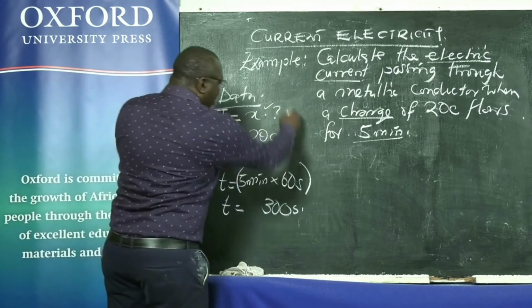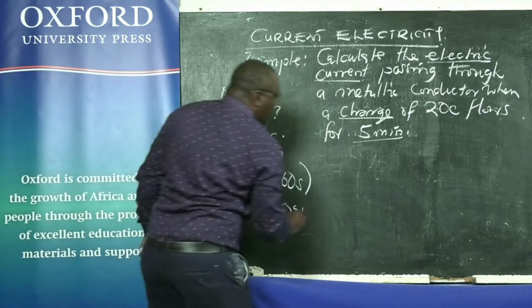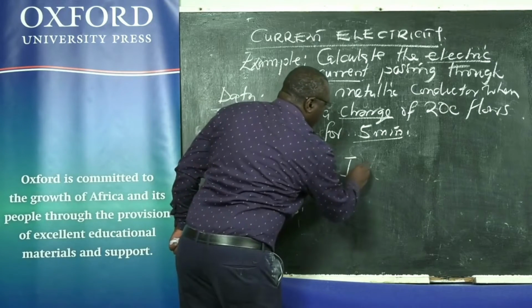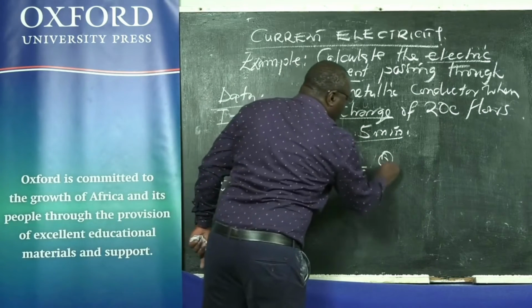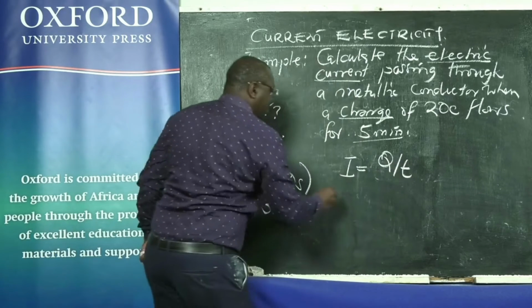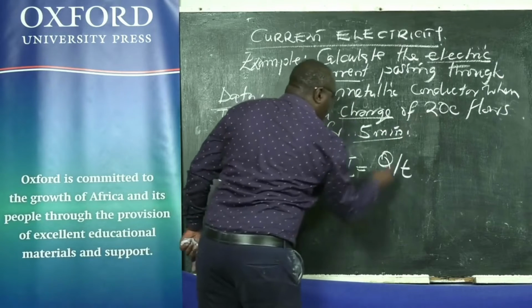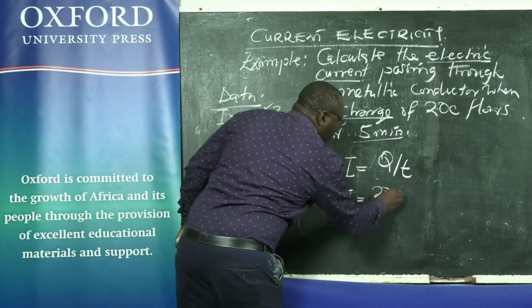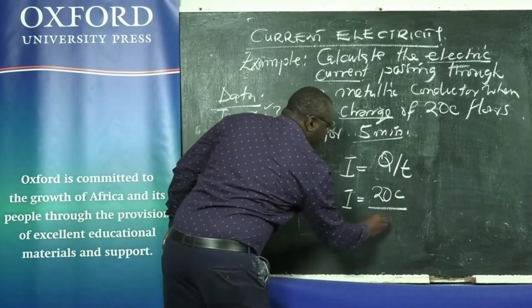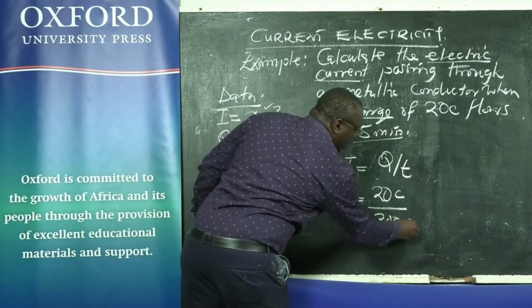Then, since our data is complete, we'll get to our equation where I is equal to Q over T. And I is equal to 20 coulombs divided by 300 seconds.